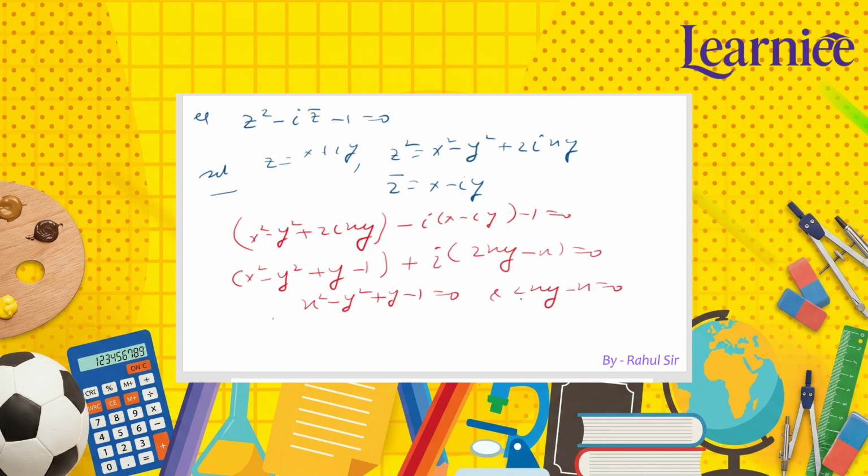Okay, for solving this, first I will take x common, so x times 2y minus 1 is 0. That means either x is equal to 0 or y is equal to 1 by 2. Okay, and then we'll substitute in the first equation.